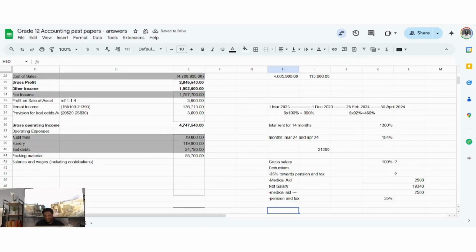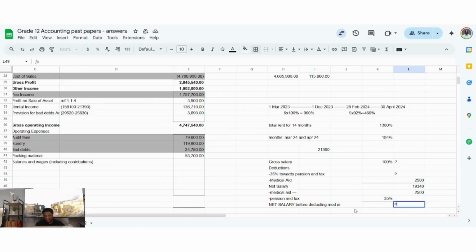So if we were to just add back or reverse that medical aid, we would basically get our net salary, but this would be the net salary before deducting medical aid, right? Because we haven't added back the pension and tax, because we don't have the value.